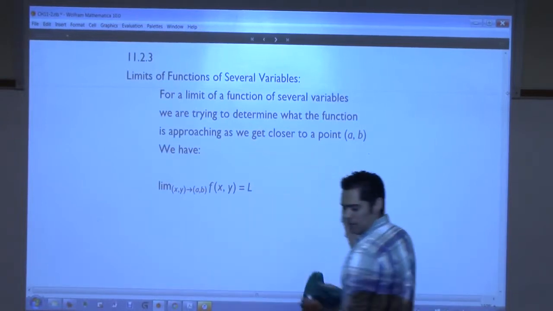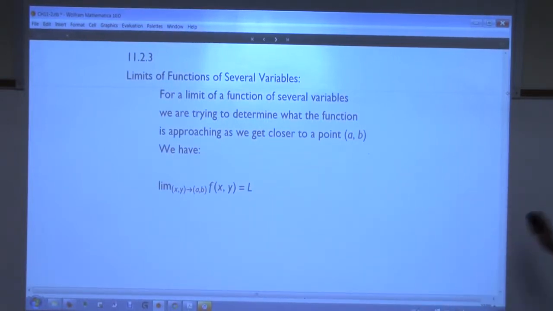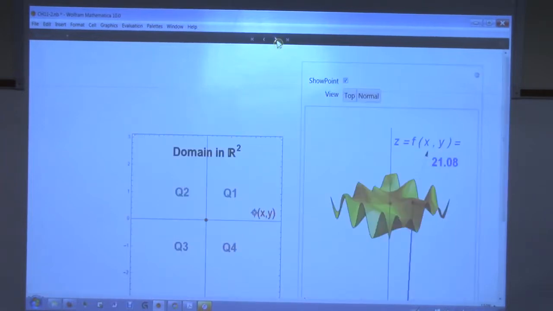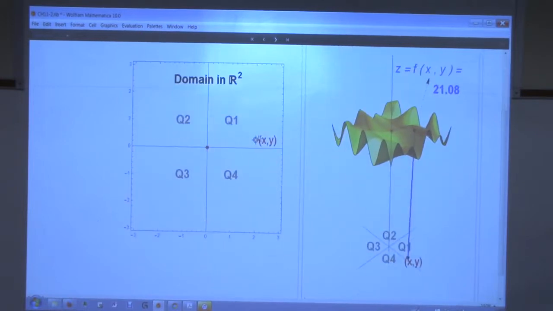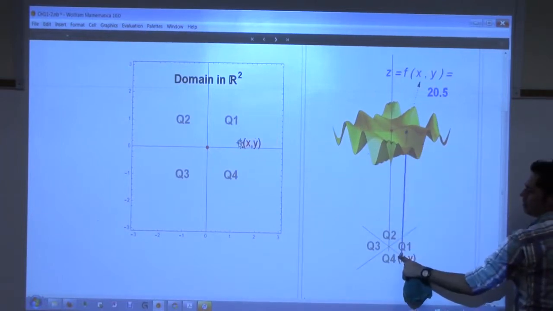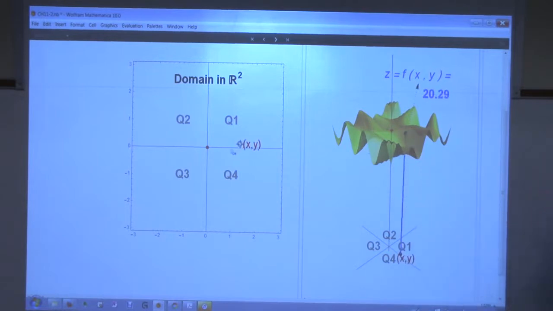All right, let's move on. I'm probably going to reiterate exactly what I just said here. Big question, how many ways can we approach it? So I think I just showed you, here's a point, I can approach it, right? I can come in any way and see what's happening on the function, right? This is my domain on the ground. This is the function. I can come into that point so many different ways.